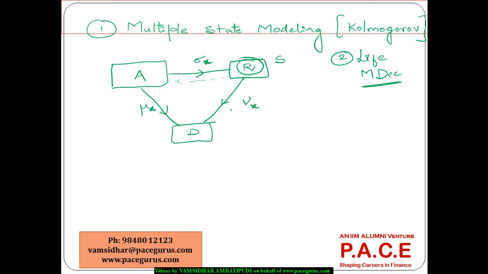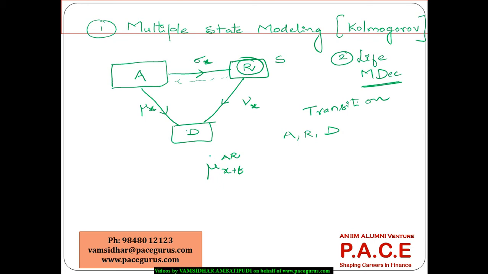So depending on the states, the transition diagram could very much vary. Here I talk about these three as the states A, R, D. And anytime I talk about the typical transition intensity for an age x plus t, say AR, what does this mean?